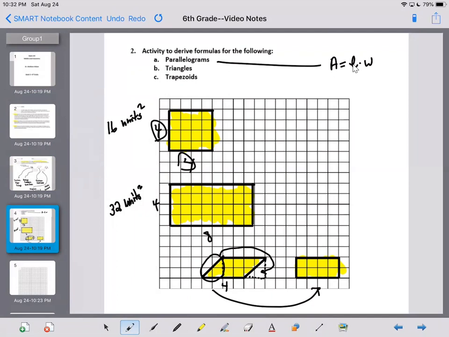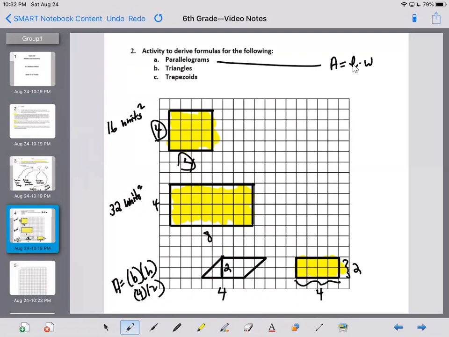Now, if I go back over here, originally I do have a base of 4, but if I'm looking at my altitude here, this height, that height is 2. So for the parallelogram, the area could be the base times the height. It's still going to be 8: 4 by 2 gives me 8. Over here, I see the base is 4 and the height is 2.